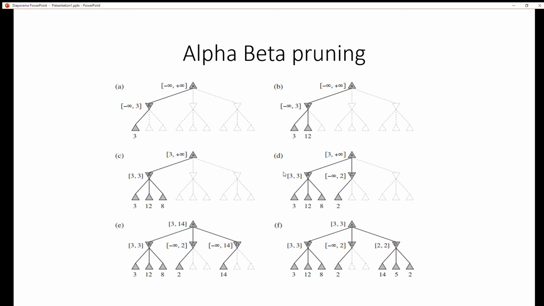For example, in this case, we don't have to look at the 2 more nodes because we see that in node C, the Min player will never take more than 2, and we know that in node A, the Max player will never take below 3. So he will never take node C, and we don't have to see the 2 other nodes.